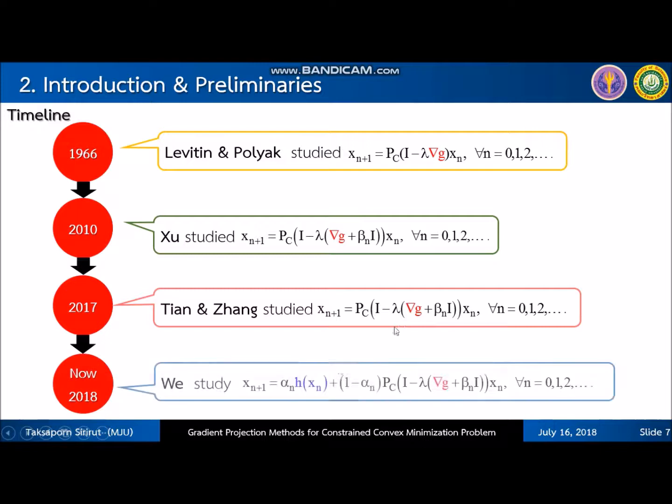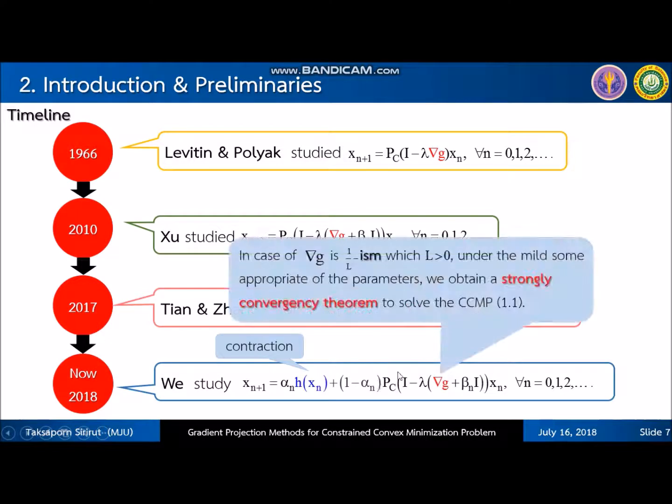And now, we study this sequence where h is a contraction, the gradient of g is 1 over L ISM, and under some appropriate conditions on the parameters, we obtained a strong convergence theorem to solve the CCMP.